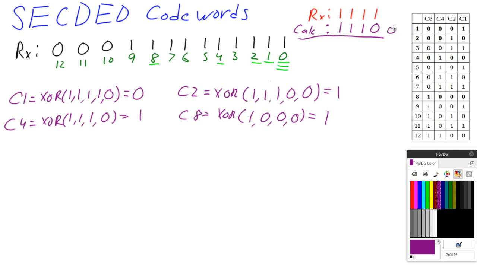So we're doing the XOR function, and what do we get? 1 and a 1, that's a 0. 1 and a 1, that's a 0. 1 and a 1, that's a 0. 1 and a 0, that is a 1. So our syndrome equals 0, 0, 0, 1.